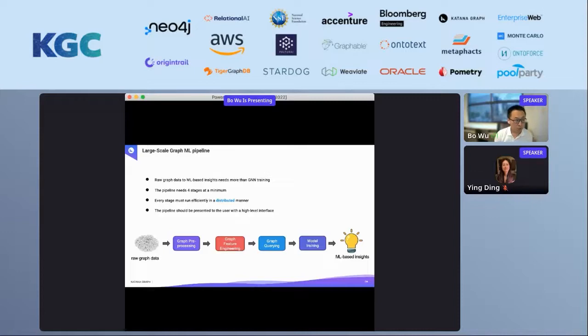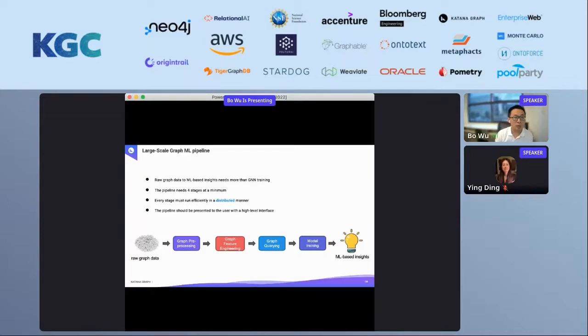Then graph querying can be used to prepare the training data for data parallel graph neural network training. For instance, subgraph sampling is a special form of querying. So we need to support efficient querying to quickly prepare the training data sets.